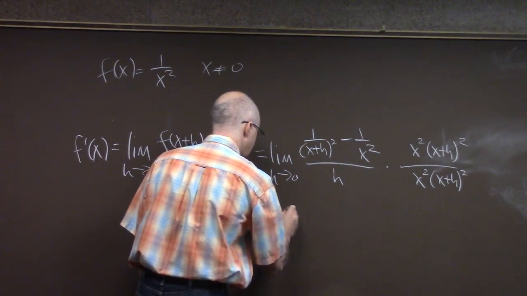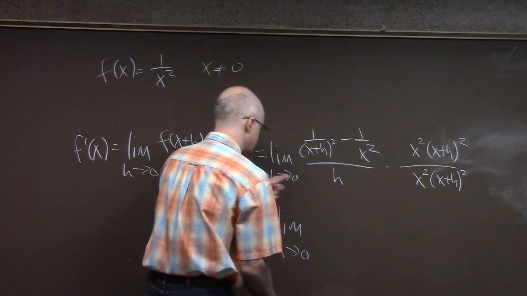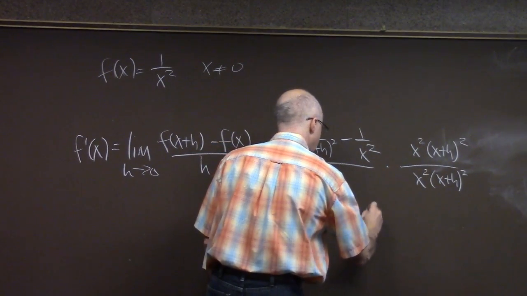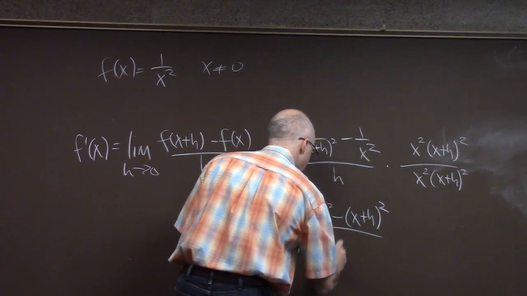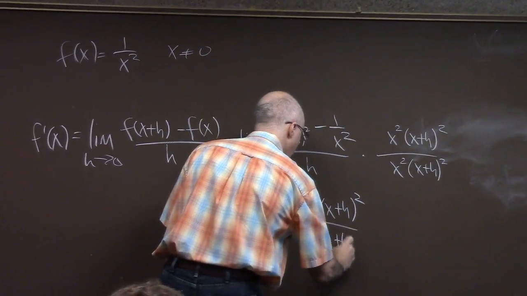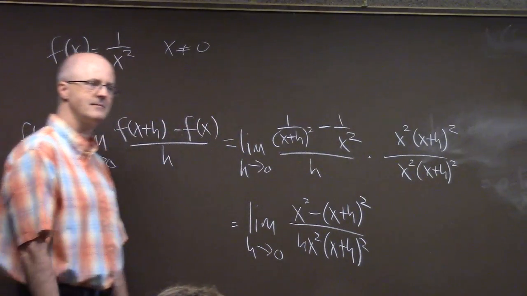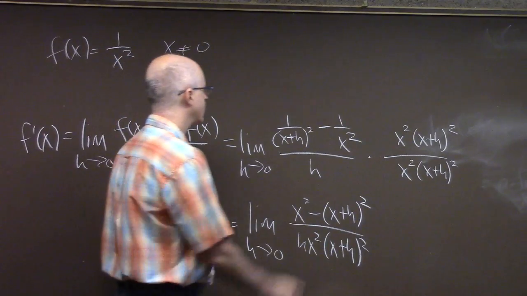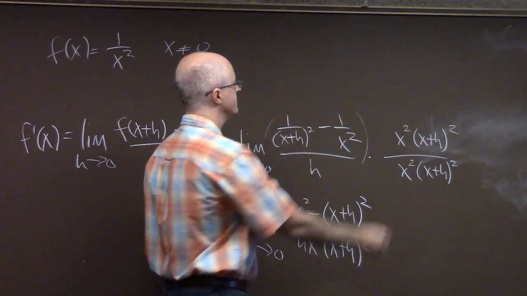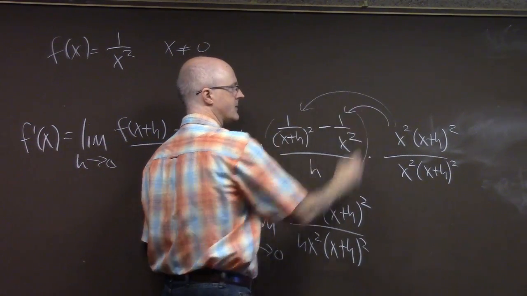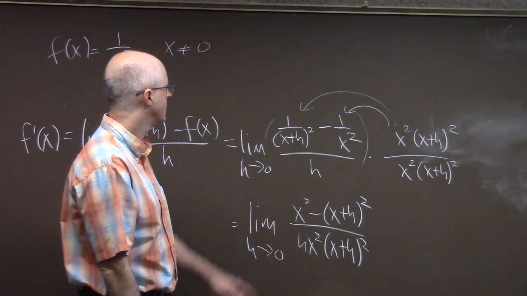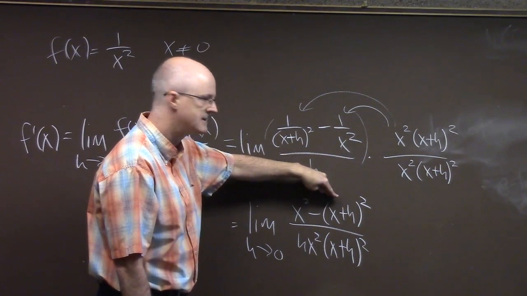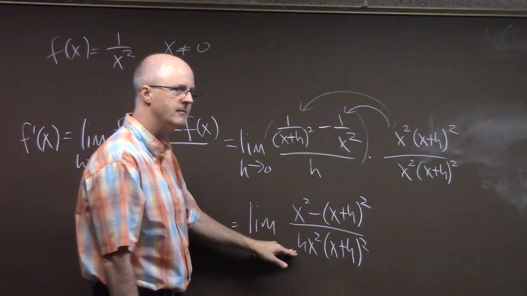You could just say this limit equals the following limit. Looks like that. Right at the top we get cancellation after using the distributive property. (x plus h) squared cancels there, the x squared cancels there, leaving us with this. Nothing cancels on the bottom.